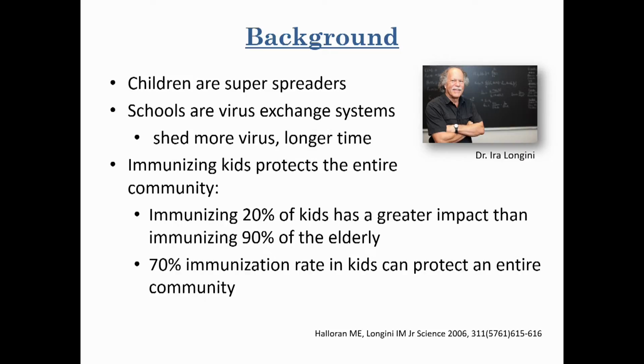And Dr. Ira Longini, who is a professor here at the University of Florida, through computer modeling studies, has shown that if you immunize only 20% of the kids in a community, that has a greater impact on flu than immunizing 90% of the elderly in that same community. And if you can get 70% immunization rate in kids, you can protect an entire community from flu.